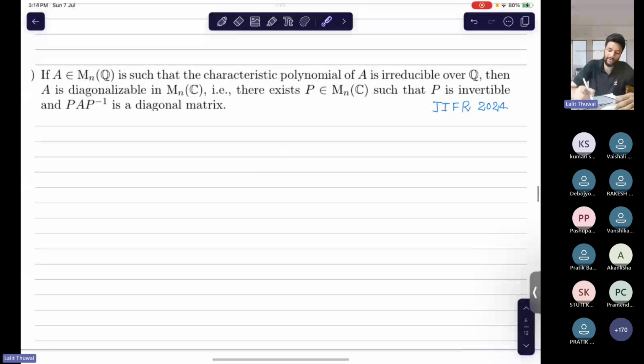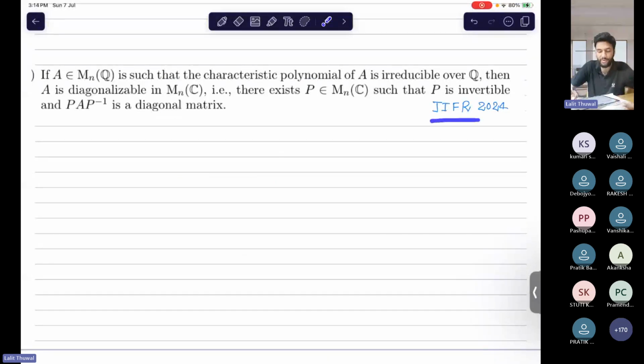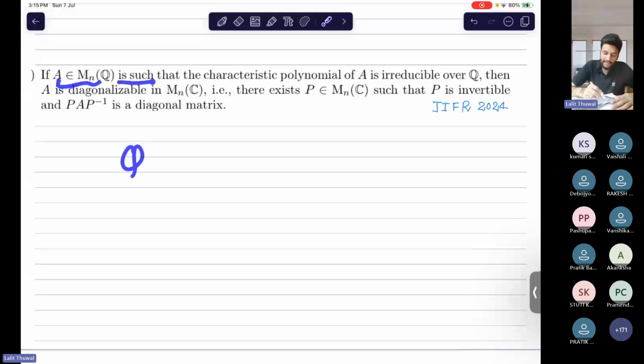Another question which is also asked in TFR 2024, a very good question. It says that if A is a matrix over Q of order n such that the characteristic polynomial of A is irreducible over Q, then A is diagonalizable in M_n(C). If you can answer it, let me see.